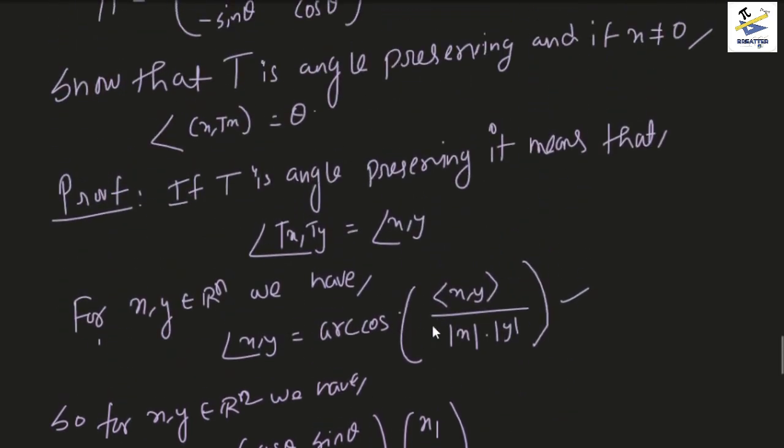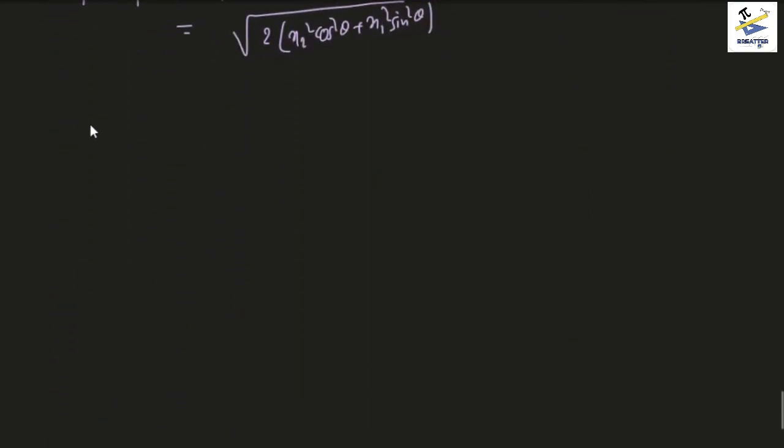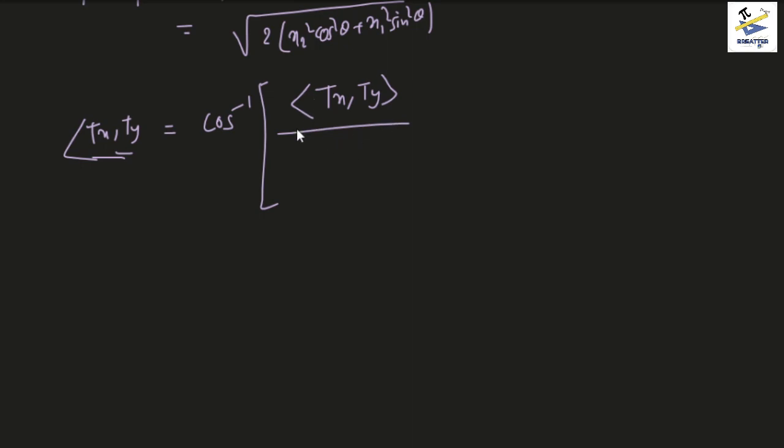So our actual goal is to prove that T is angle preserving, which means we need to prove that the angle between Tx and Ty is equal to cos inverse of Tx comma Ty divided by norm of Tx multiplied by norm of Ty, right?